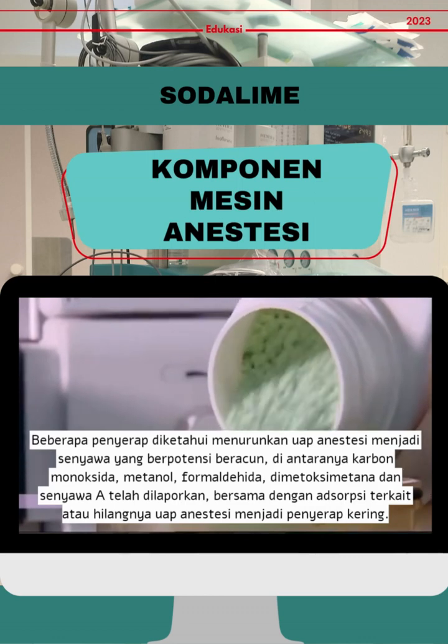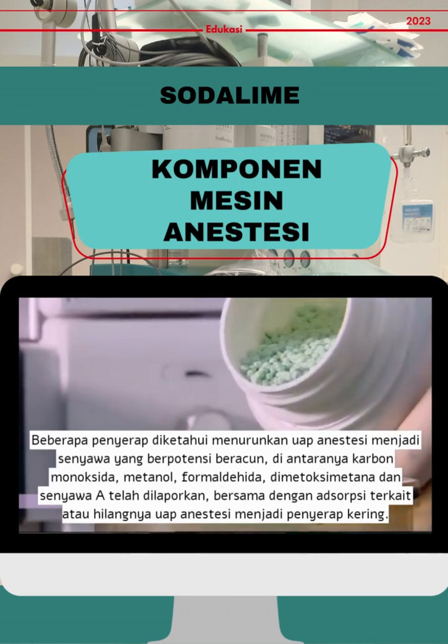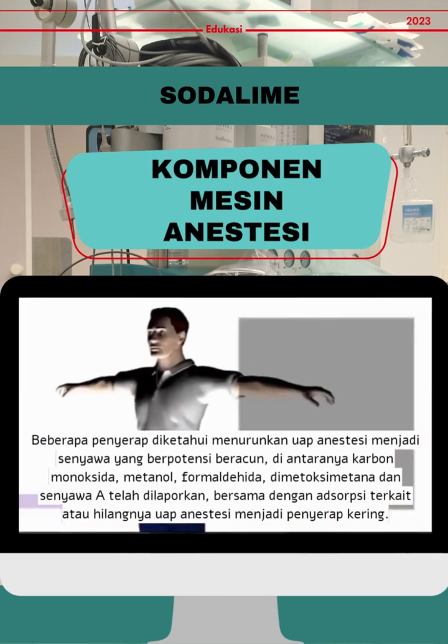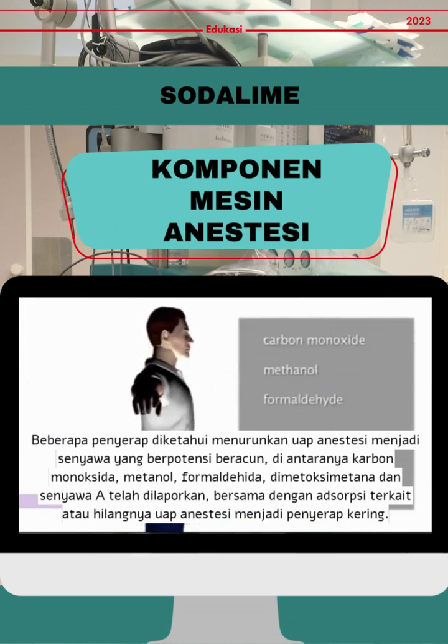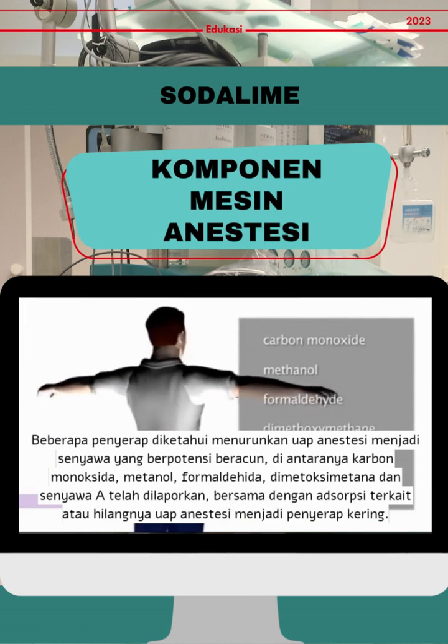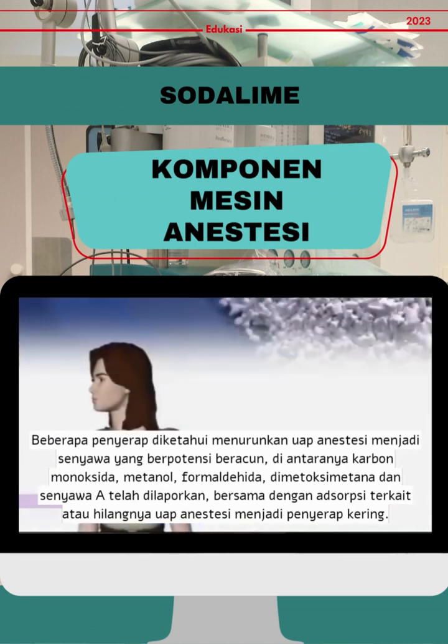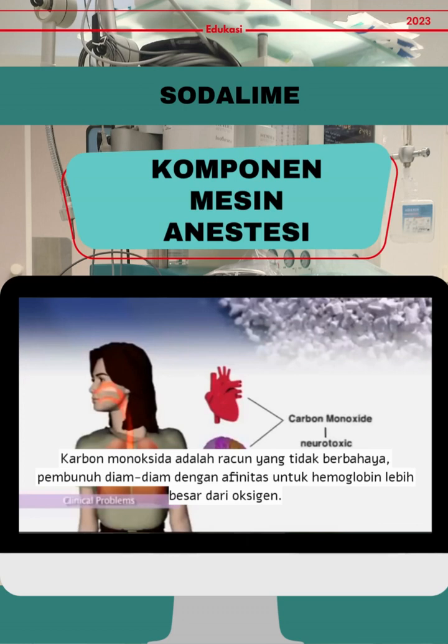Some absorbents are known to degrade anesthetic vapor into potentially toxic compounds, of which carbon monoxide, methanol, formaldehyde, dimethoxymethane and compound A have been reported, along with related adsorption or disappearance of anesthetic vapor into desiccated absorbent. Carbon monoxide is an innocuous toxin, a silent killer with an affinity for hemoglobin greater than oxygen.